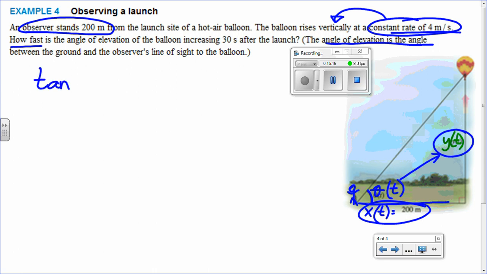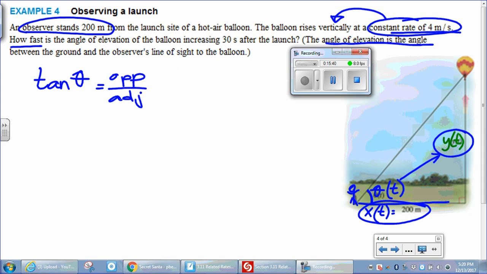So the tangent of theta will be given by the opposite side over the adjacent. Okay, now we already know that this is a function of time. And so let's solve for theta.